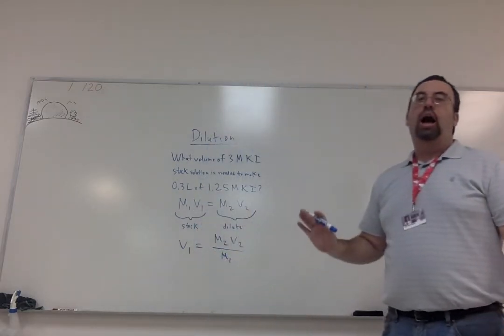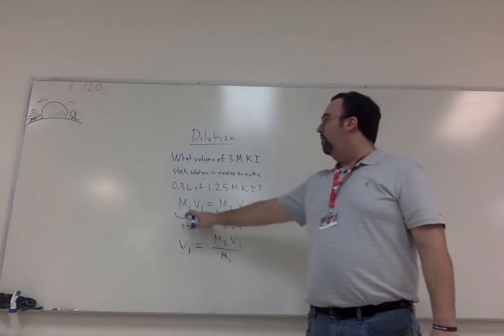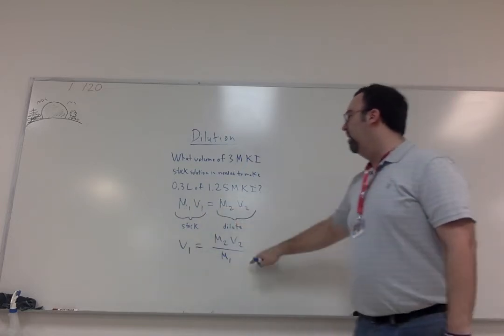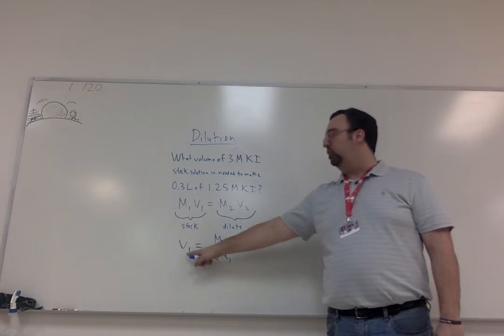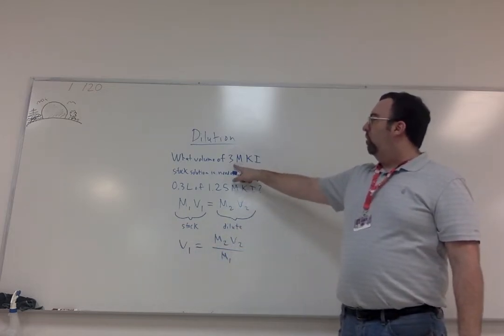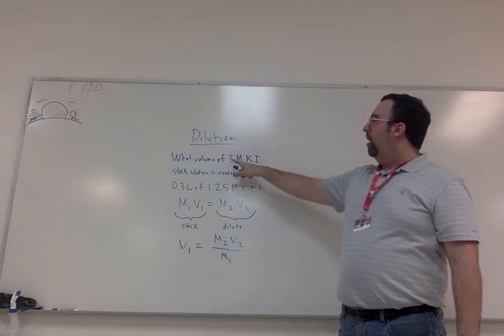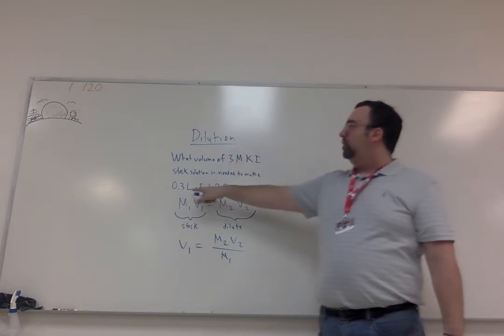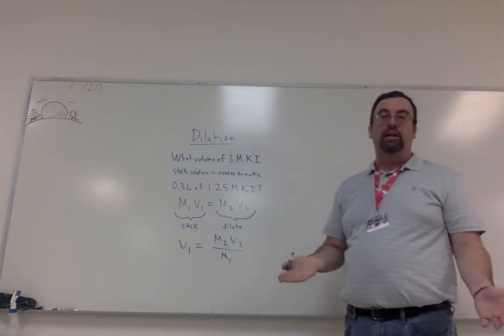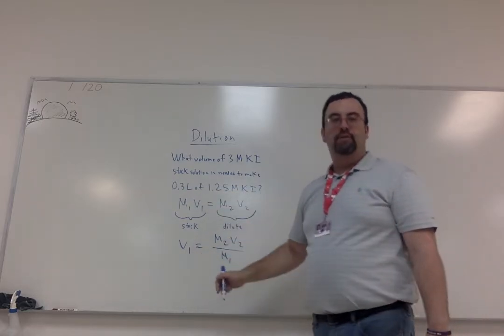So again, I'm looking for V1. I want to undo the multiplication, so I divide both sides by M1. This represents our M1, this is our V2 and our M2. So I just go ahead and plug in what I know, and then I can solve for V1.